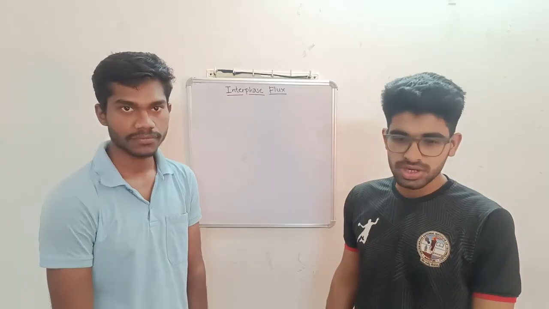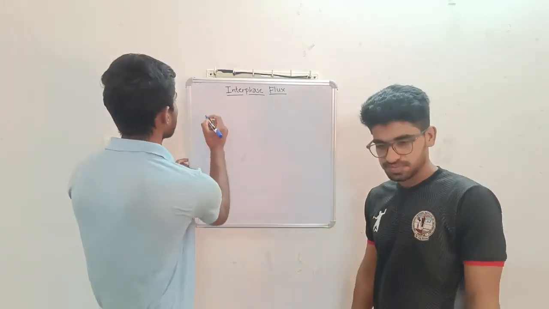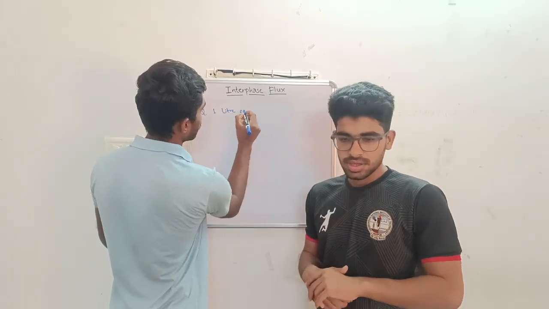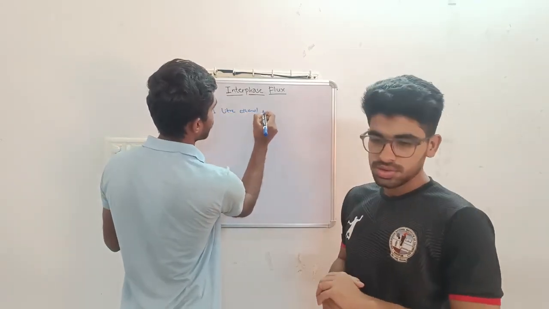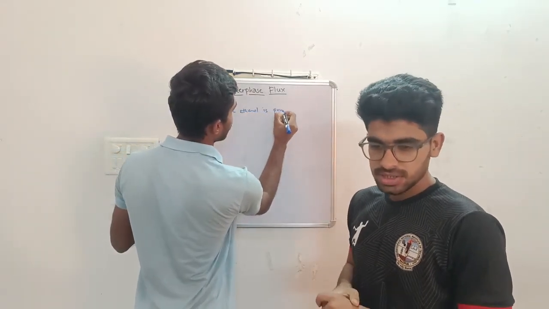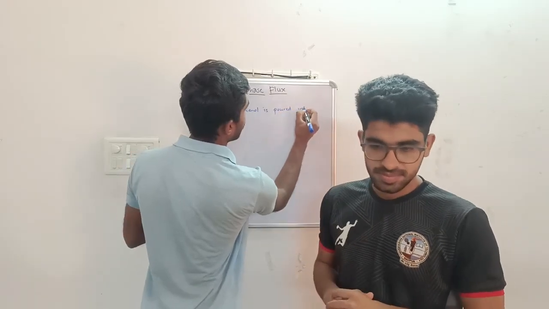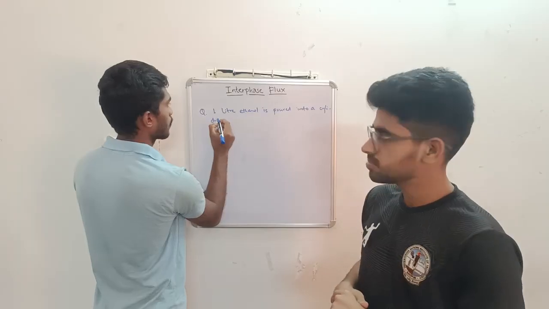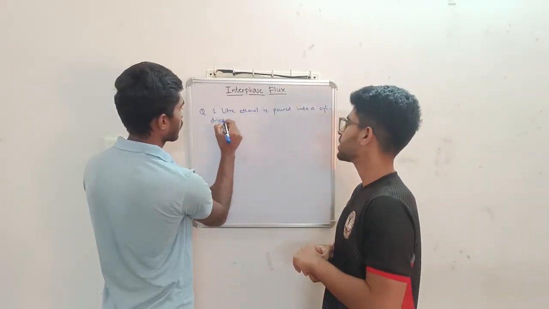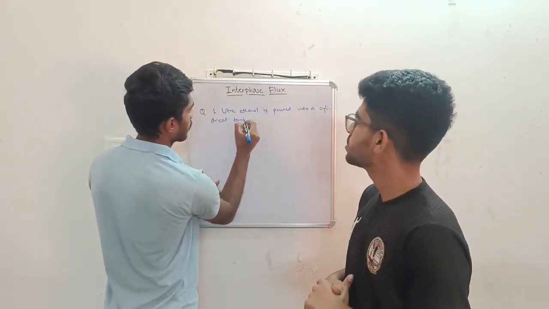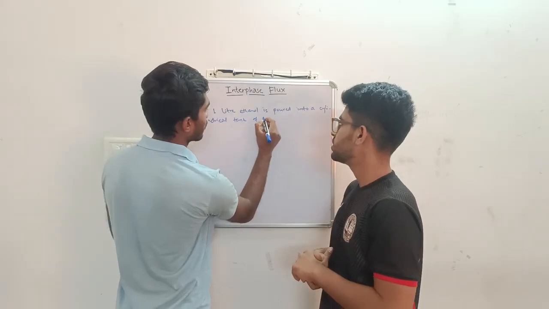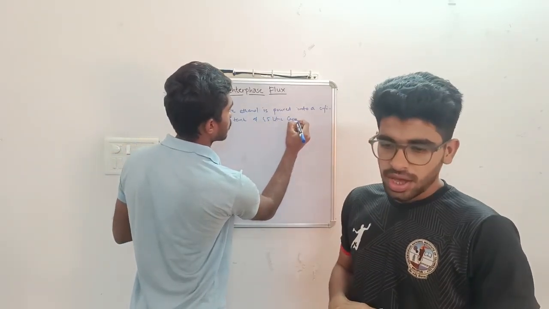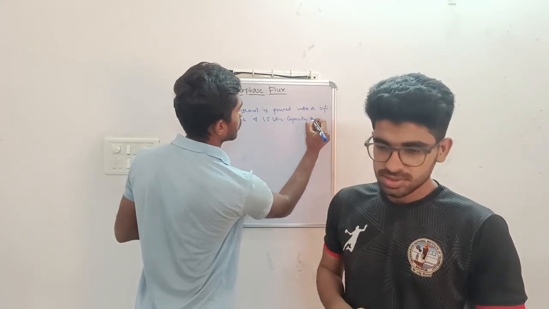So now moving to our next question. Our next question is: 1 liter of ethanol is poured into a cylindrical tank of 4.5 liter capacity, and the top is quickly sealed.